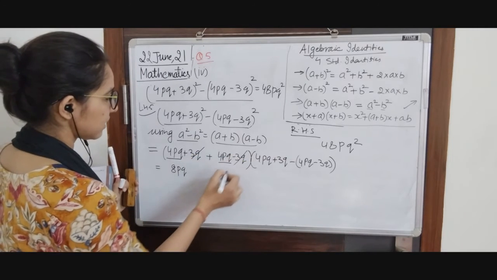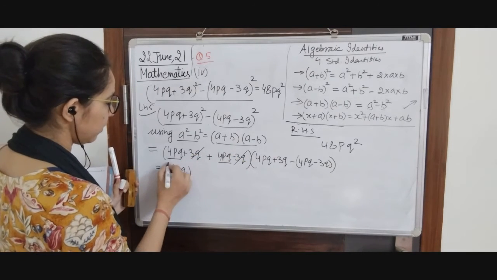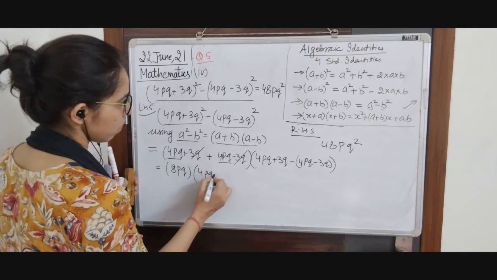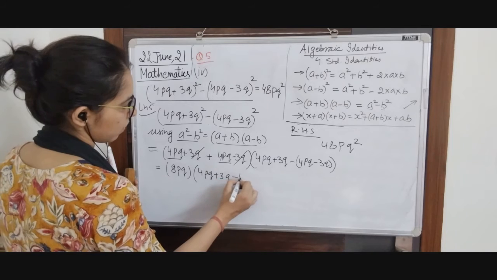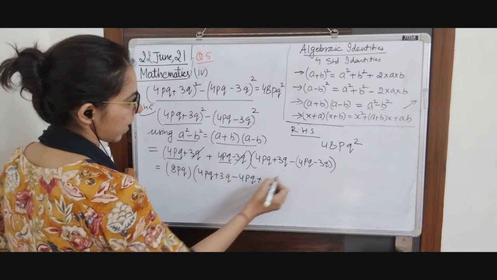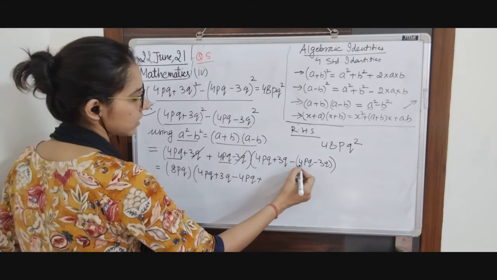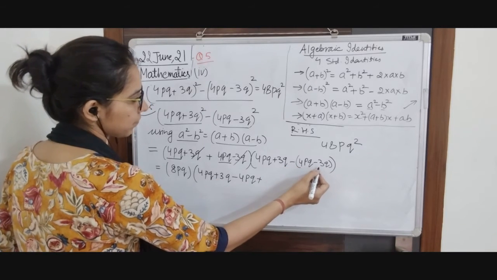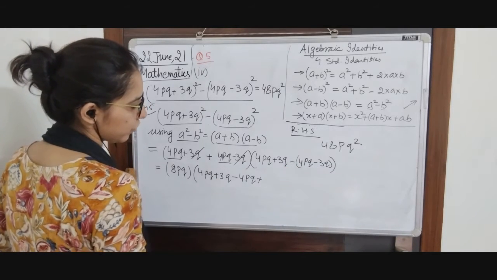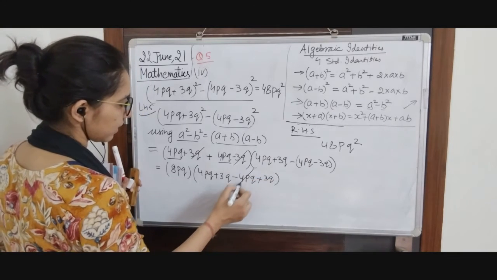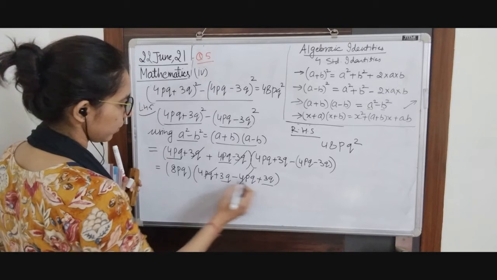Now we can cancel this term out, 8pq. Next expression, we are going to open the bracket now. 4pq minus, because there is negative before the bracket, so the signs of all the terms inside the bracket are going to get changed. 3q, right? Now I can cancel this term out, and I am left with this term.